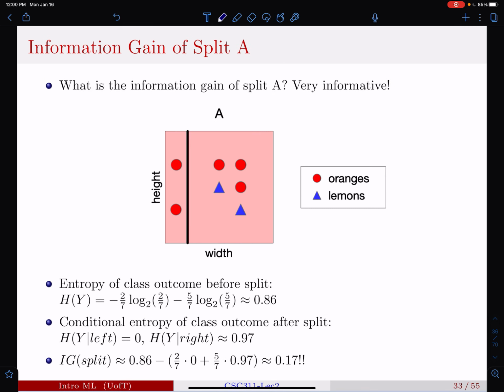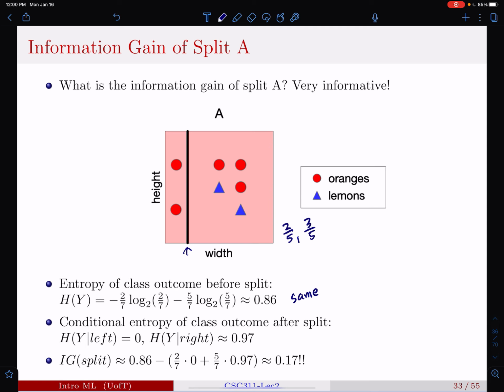Okay, let's move on. In the case of split A, where we split on the width, the main takeaway is that the original entropy is still the same. It's the 0.86 from the previous slide. But here you'll notice that the entropy on the left is 0 because there's no more uncertainty on the left branch, while the entropy on the right is for 2/5 and 3/5.